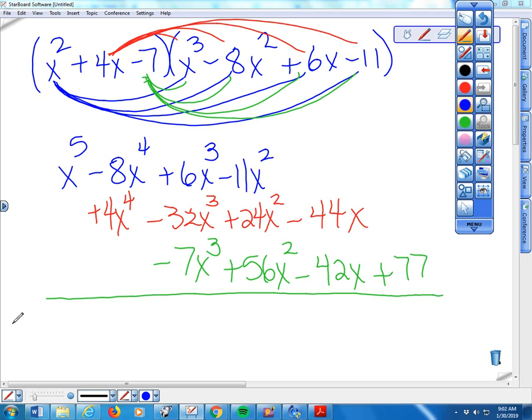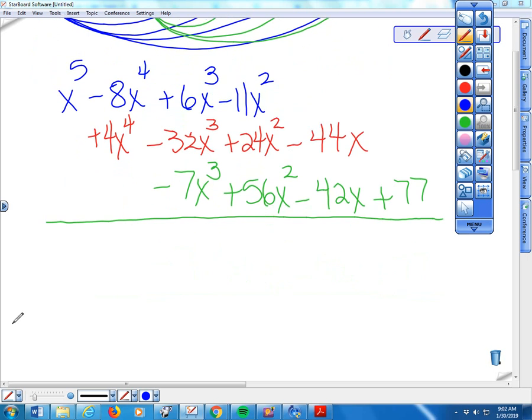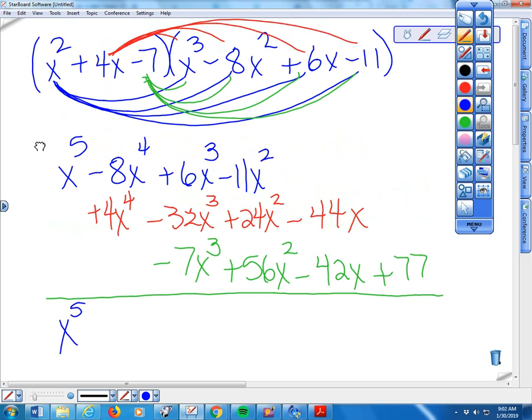So, looking at these, I don't have any other x to the 5ths. Did I miss something? How did you get x to the 5th? Because x squared times x cubed. Oh, okay. So I have x to the 5th. Negative 8 plus 4 is negative 4, x to the 4th. 6 minus 32 minus 7.